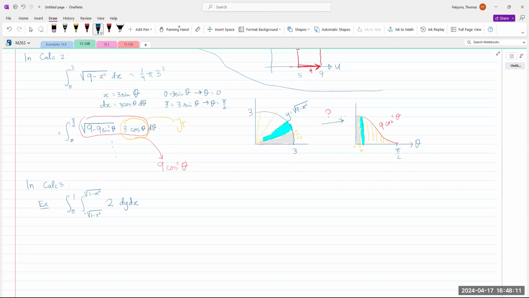If we think about what this looks like, the domain of integration is actually a semicircle, a semi-disk to be more precise.